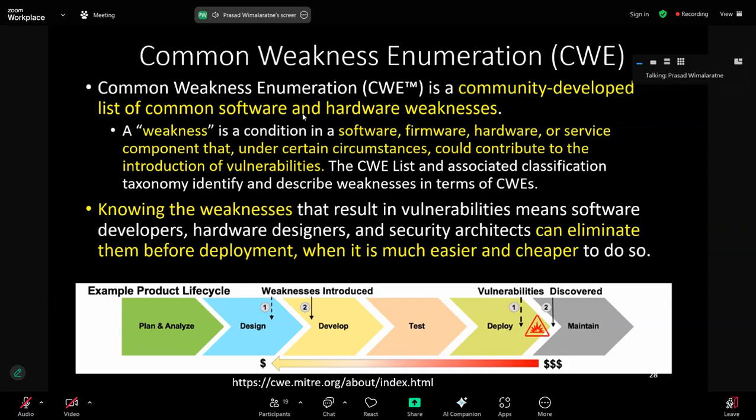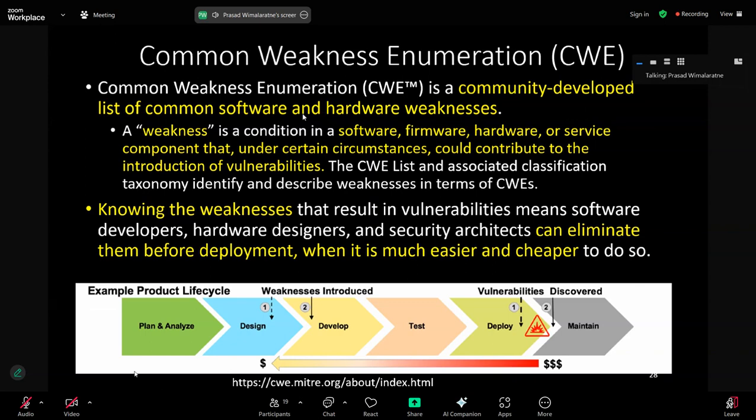So when you say CWE, they are referring to weaknesses that can be related to software, firmware, hardware, or even a service component. It's a holistic picture actually. So if you know the weaknesses in advance, you can eliminate them before deployment, which can cut down the cost.